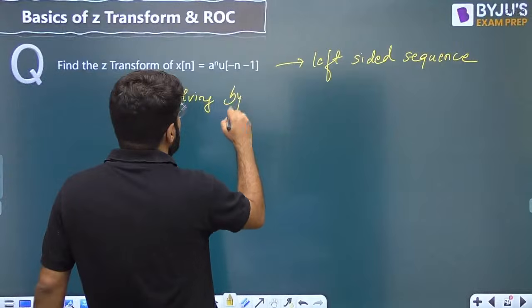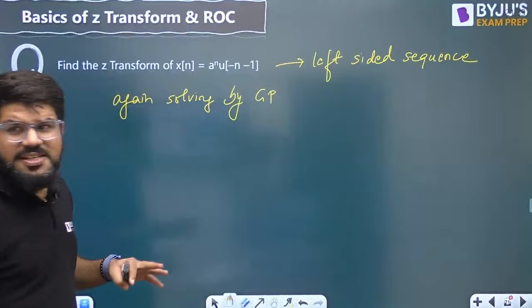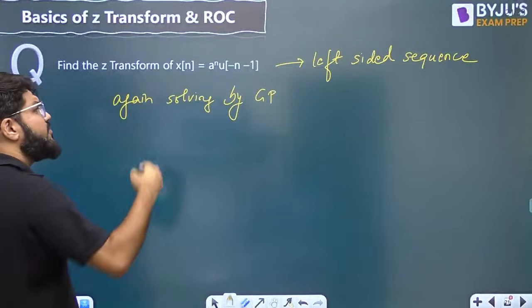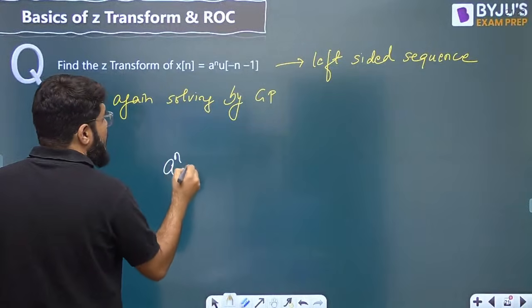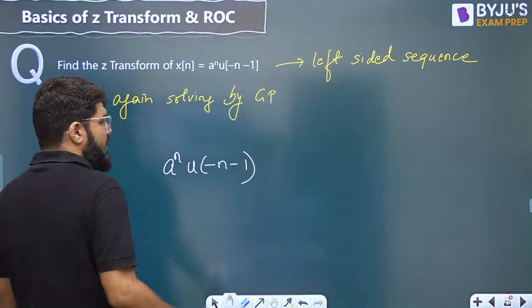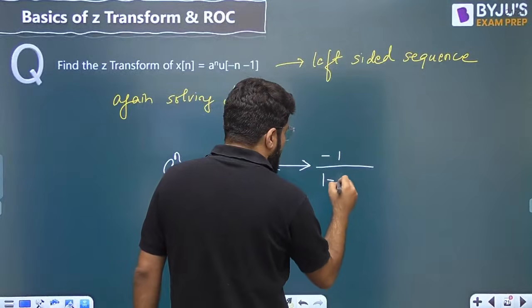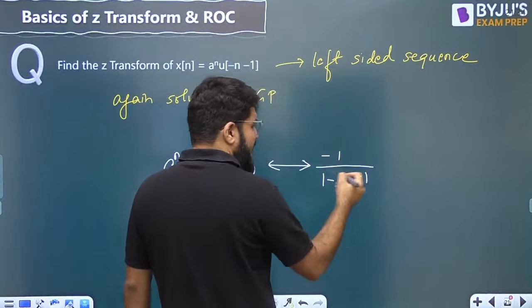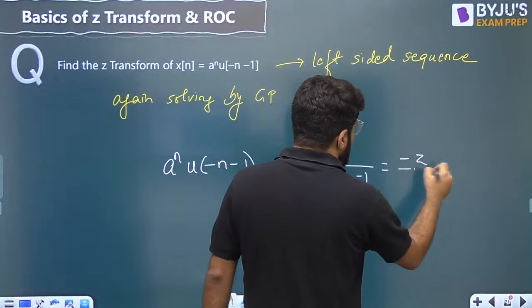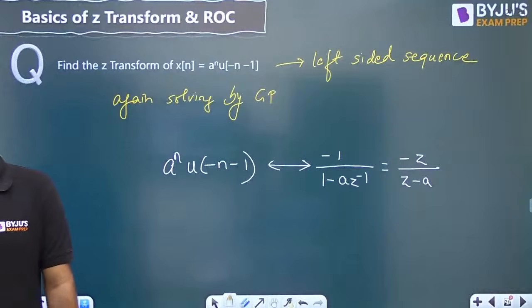We will calculate if it is something new. a to the power n times u[-n-1] will have the Z transform minus 1 upon 1 minus a z inverse, or minus z upon z minus a. Only a negative sign difference will come.